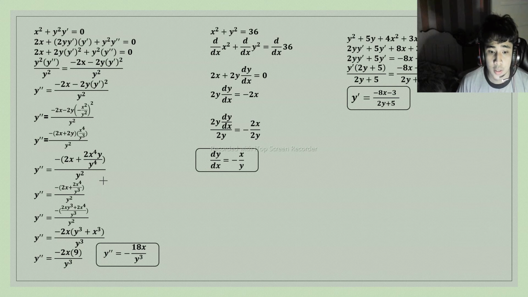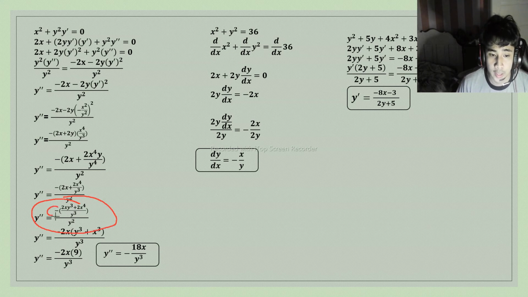So, since factorable yung y na to, pwede natin siyang i-factor out. Then, ang matitira na lang ay 2x raised to 4 over y cubed over y squared. Then additions of fractions ulit ang mangyayari. Kaya naging 2xy cubed plus 2x raised to 4 over y cubed all over y squared.